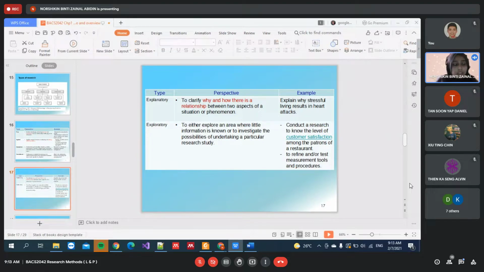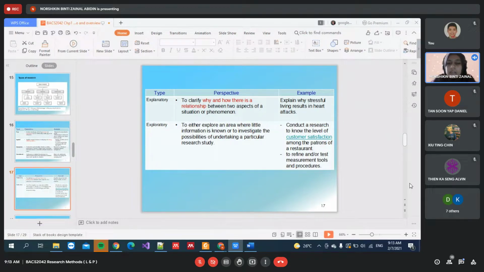Descriptive, just now, is a research that basically is conducted just to describe, for example, the character of autism. That is descriptive, but explanatory is more to explain. That means, is there any scientific explanation or any explanation that can be used to explain the phenomenon? That is the explanatory.